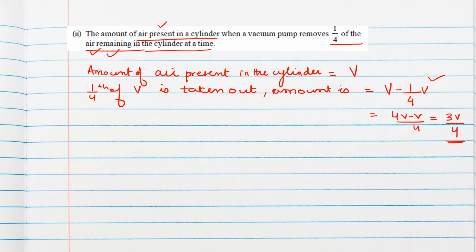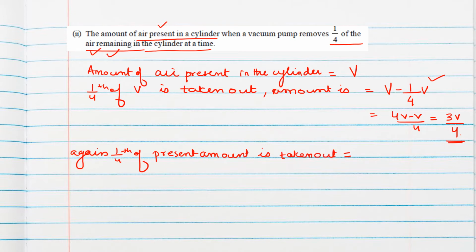Okay, now again 1 by 4th of the present amount is taken out from the present.